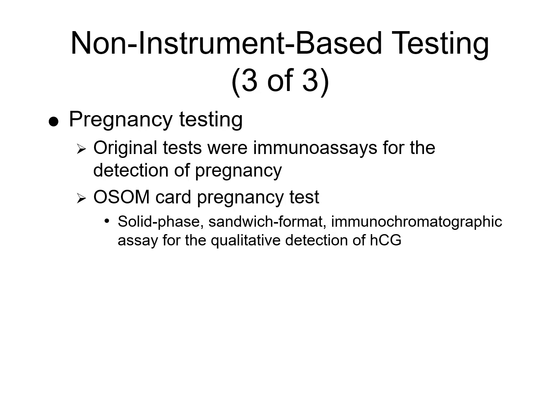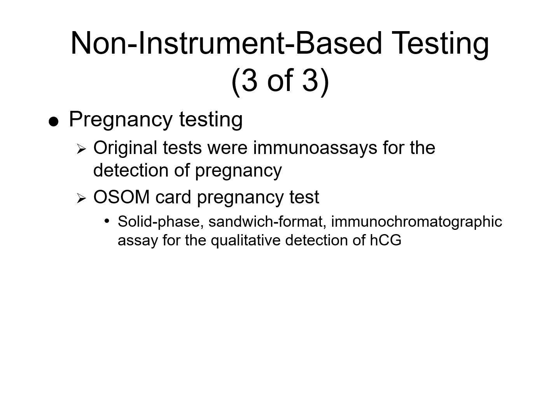And then we have pregnancy testing as a non-instrument based test. We actually use immunoassays for this. The original pregnancy tests were immunoassays designed to detect HCG. It detects HCG qualitatively, so positive or negative, it's not going to give us a number for this type of testing in urine or serum.